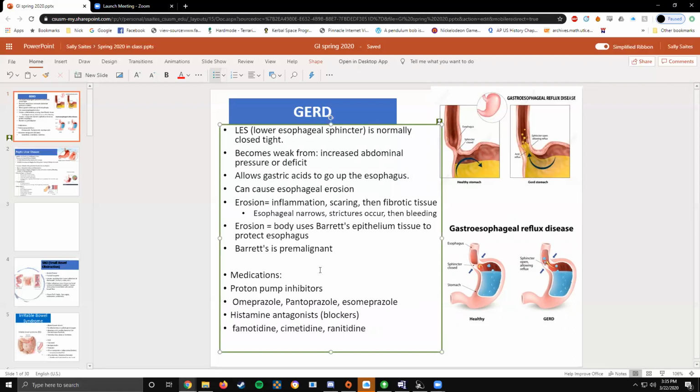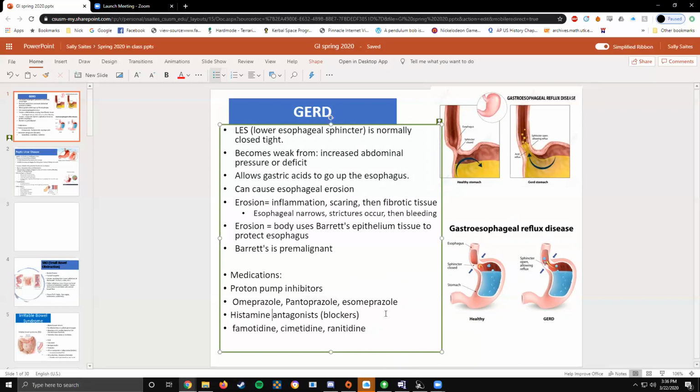So our job, as far as GERD is concerned, is to teach them about low acid foods, as you'll learn in med-surg, but also take a look at the medications that would be normally prescribed for this patient by the physician. Now, one is called a proton pump inhibitor, very, very common. They can take it PO or IV push in the hospital. The most common one is pantoprazole right here, or Protonix.